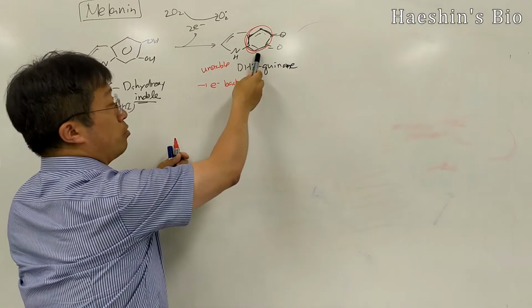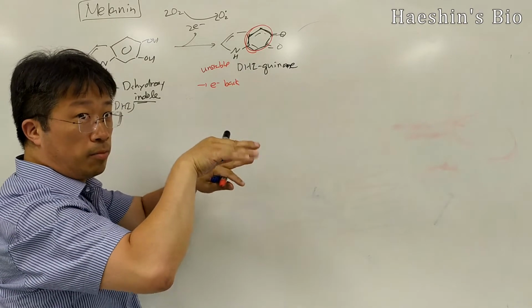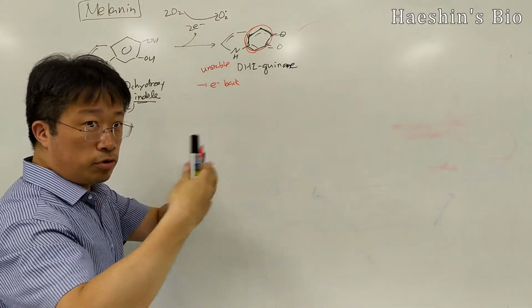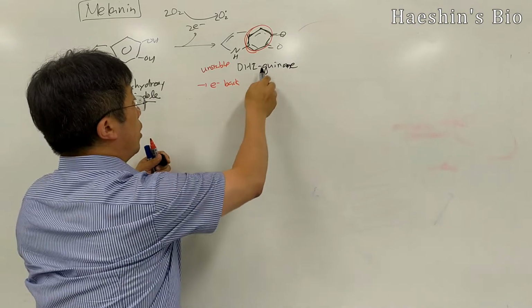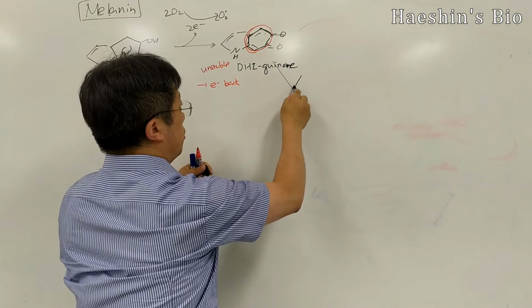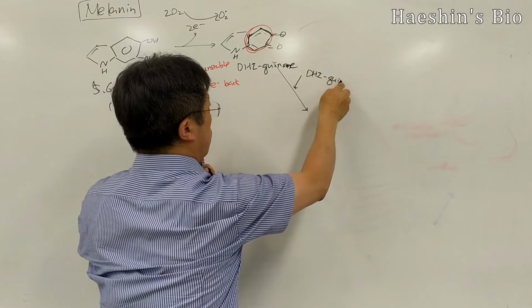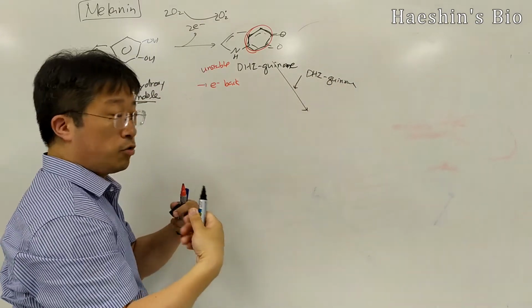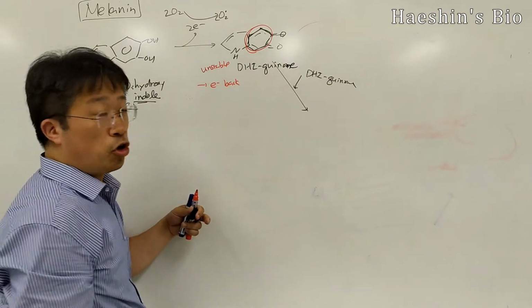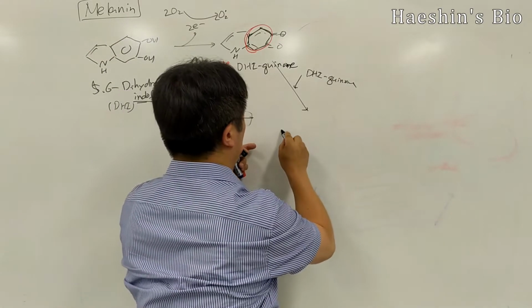If you have another quinone nearby, the same molecule nearby, because the cells keep producing tyrosine, so now they have another DHI quinone comes, reaction, so they become a dimer. The dimer is what we have now.